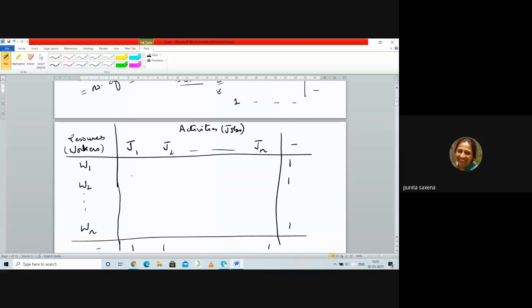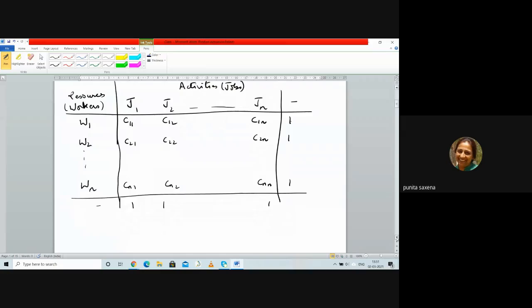Now the costs here, like C11, C12, and C1n, similarly C21, C22, C2n, and Cn1, Cn2, Cnn. So basically Cij here denotes the cost involved.